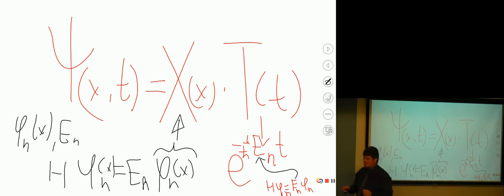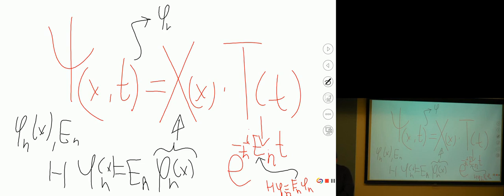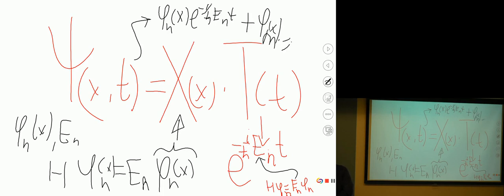So I will write phi m of x times e to the power minus i E m t over h bar, plus phi with a different integer, let's say n, of x times e to the power minus i E n t over h bar.